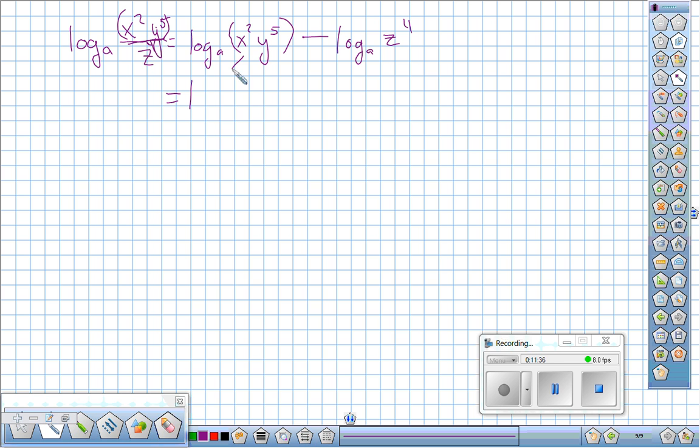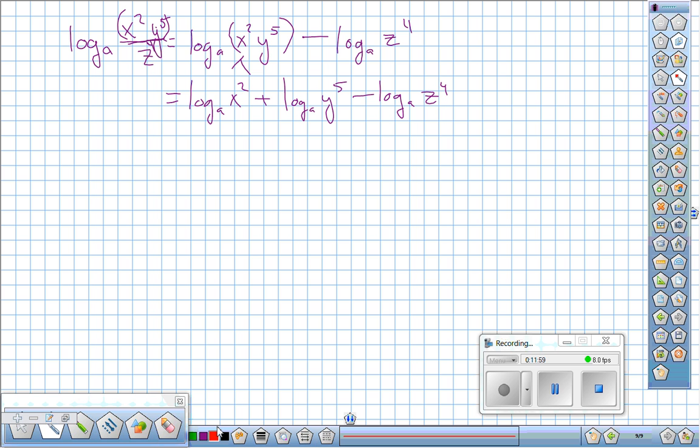So this goes down into log base a of x squared plus log base a of y to the fifth minus log base a of z to the fourth. It's a lot of writing, but it shouldn't be anything really crazy. So that's all you have to do to rewrite them.